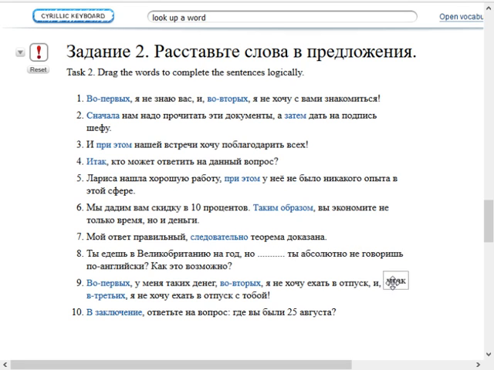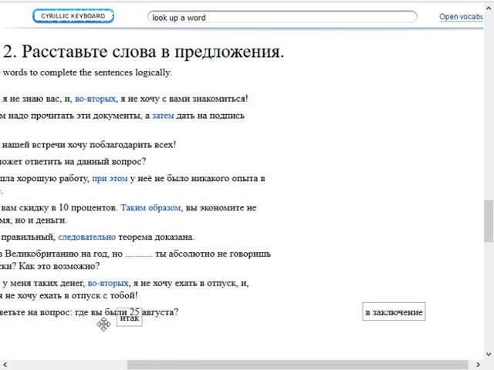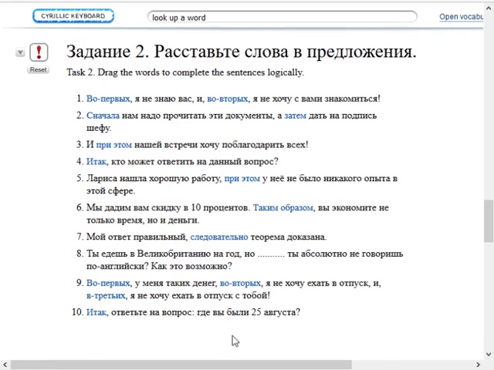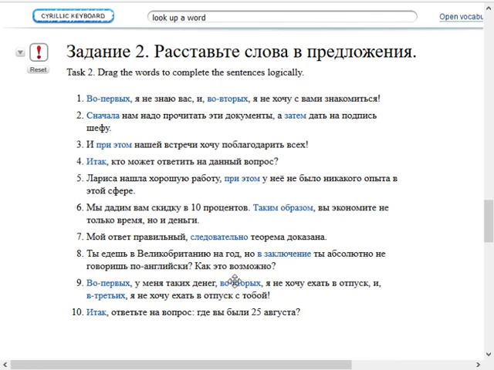I guess, like, hold on, sorry. I guess the итак goes here. I'm just looking at my notes here. Apparently the итак goes here. Does then заключение go here? No, it doesn't.